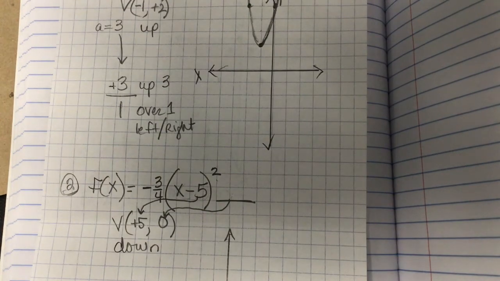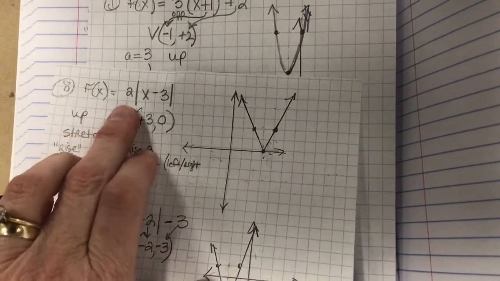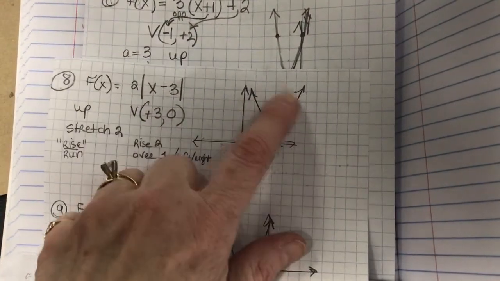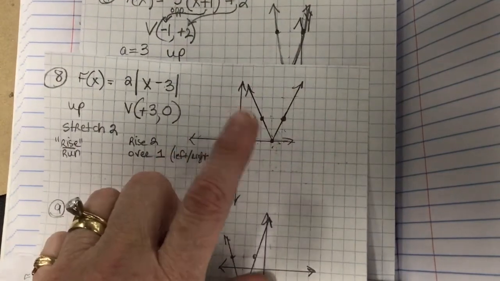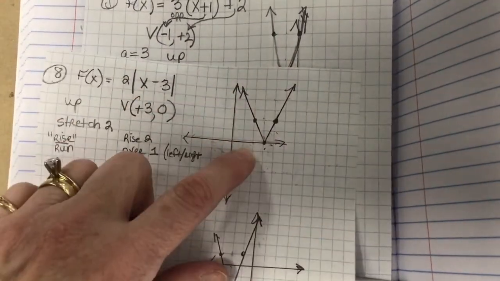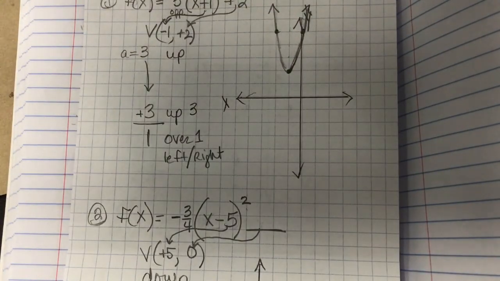When we were doing the shortcut here, if the stretch was 2, you would go up 2 over 1, and then you would go up 2 over 1 again. And I said to you then that works here because this is very linear. You are not going to get more than 3 points from this.